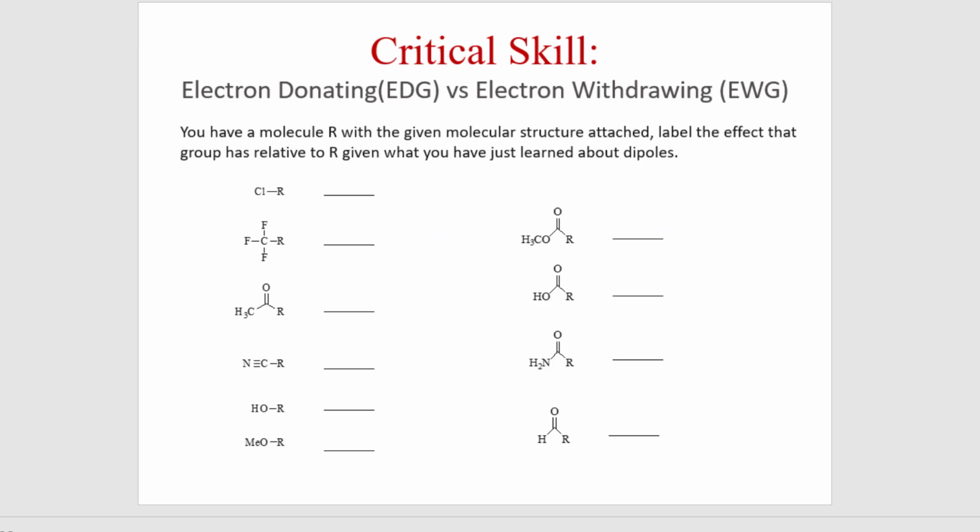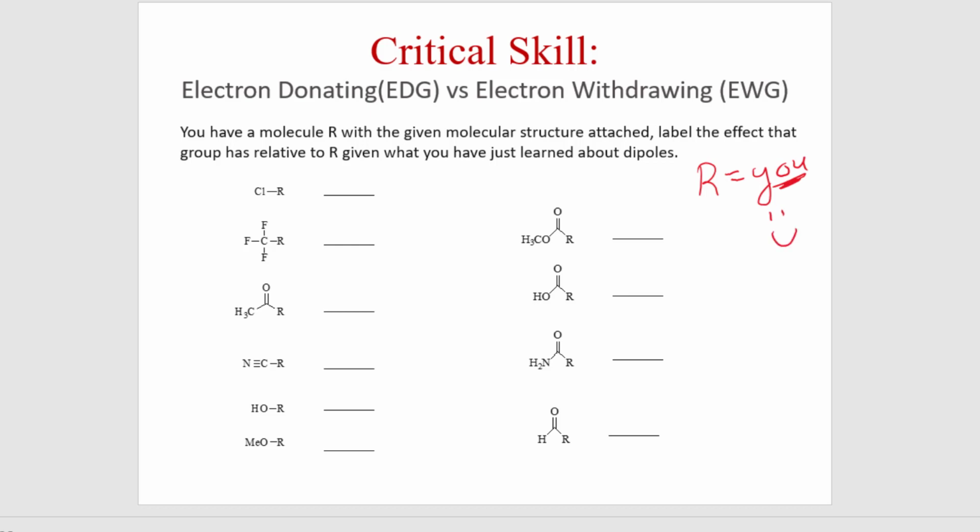So, bringing it all together, let's have you practice some electron donating and electron withdrawing group abilities based on what you just learned about dipole moments. So what I want you to do is to look at each one of these systems, okay? Pretend that R is you, okay? R is you.